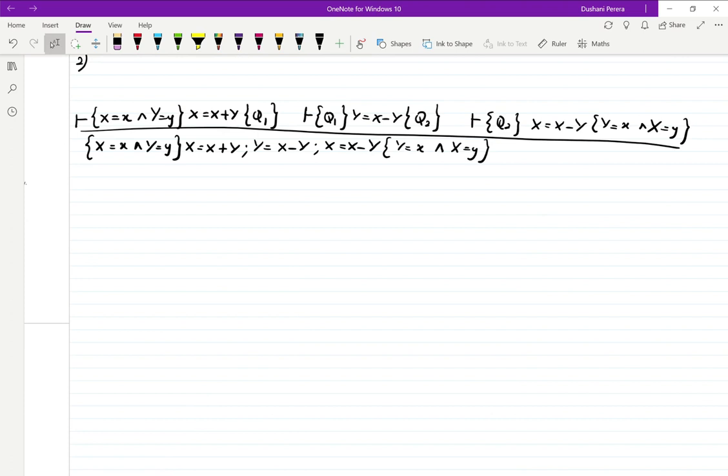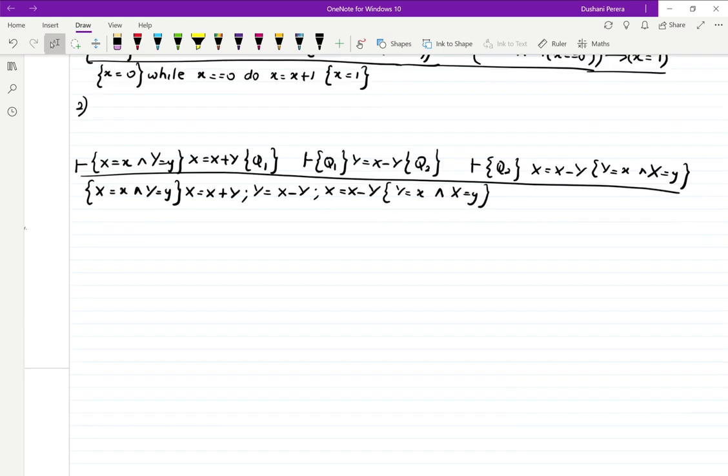Now we need to apply the assignment rule to these 3 Hoare triples and find the preconditions and the postconditions of each of the 3 triples. So I'll name these separately: the first triple, the second and the third. I'll take them separately because it's easier to explain that way.